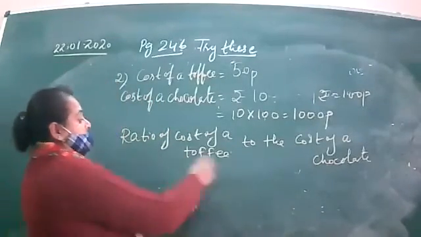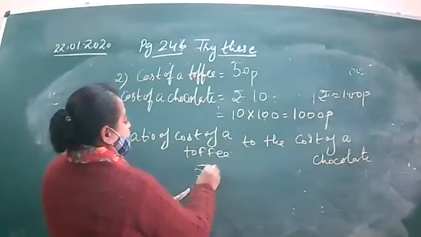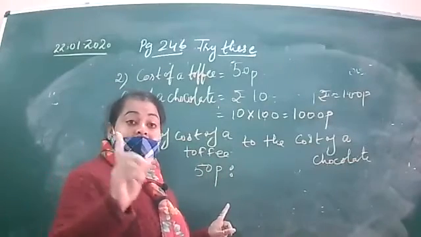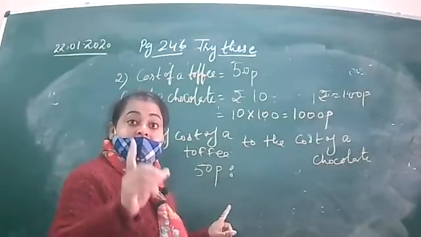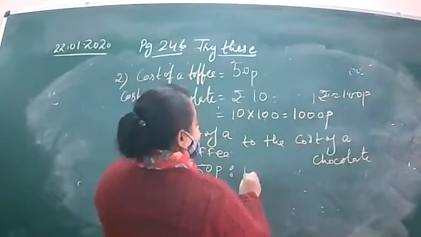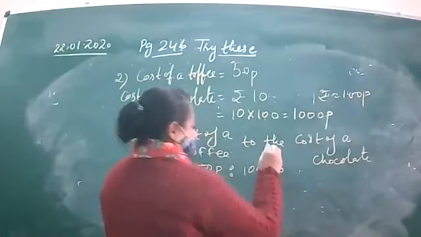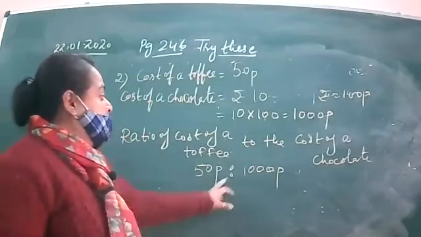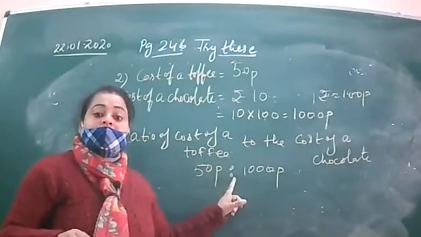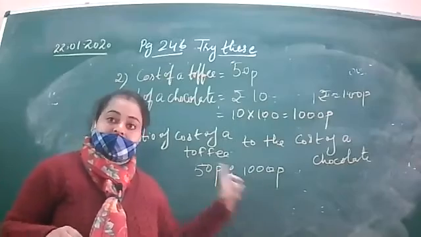Now you will write here 50 paisa ratio, not divided by. It is very much compulsory to put the ratio symbol. So this is 50 paisa ratio 1000 paisa.